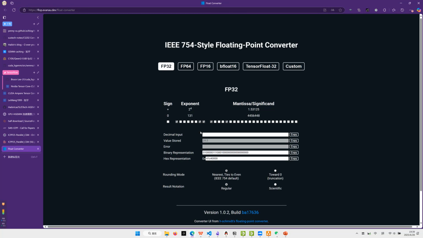So here we can successfully represent the 24.5 in FP32 using this storage. And the binary representation, this series of 0 and 1, are the actual numbers that are stored in the computer memory.